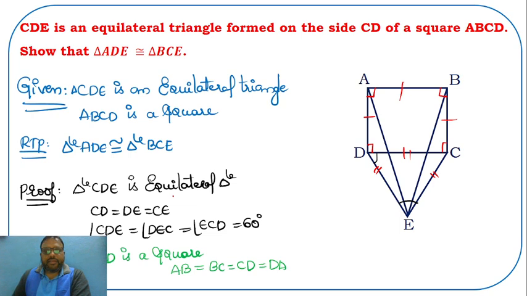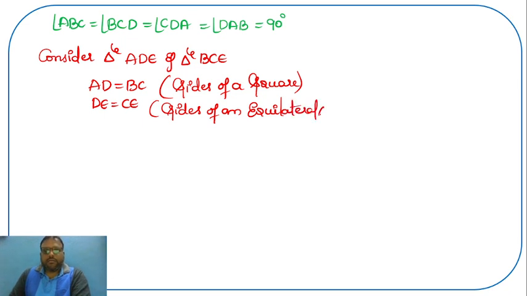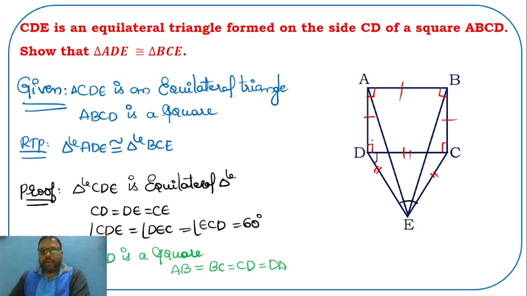Similarly, DE equal to CE, sides of an equilateral triangle. These two are done. Now, angle ADE, this angle, and we will see angle BCE, this angle.